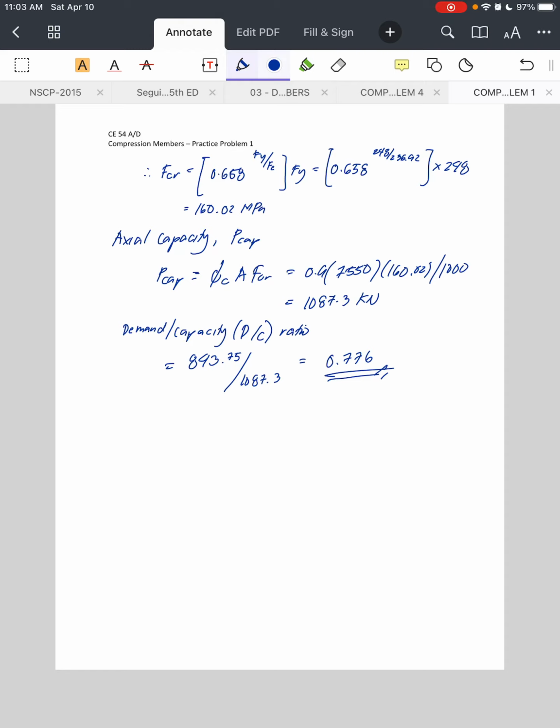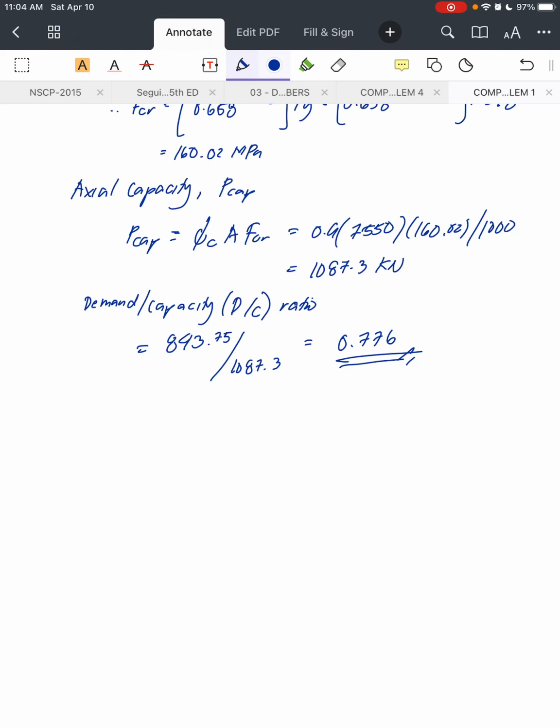Kung ang demand capacity ratio mo ay 1 na, ibig sabihin equal na yung demand at capacity mo, 100% ng capacity ng section mo ang nagamit sa particular member na yun. Kumbaga, sagad na sagad. Alright? So, we now have our section for group D.